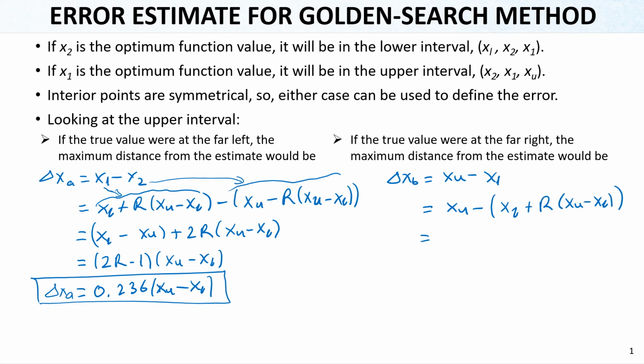This becomes (1 minus r) times (xu minus xl), and this is equivalent to 0.382 times (xu minus xl).